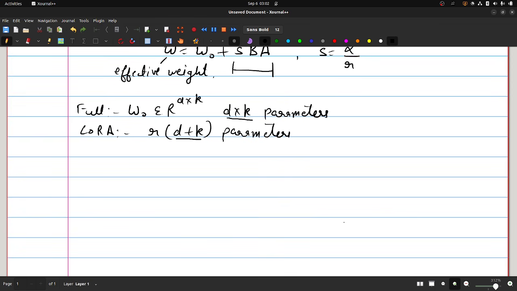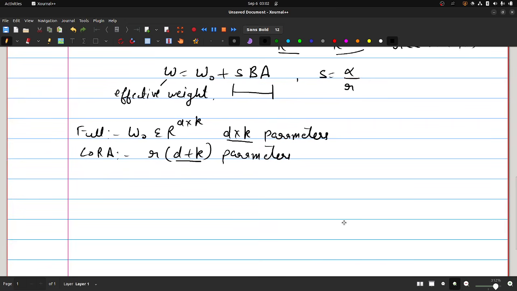Now, after we have defined the effective weight, let us see how the gradients flow. We first have to express the output of our model, given this effective weight.